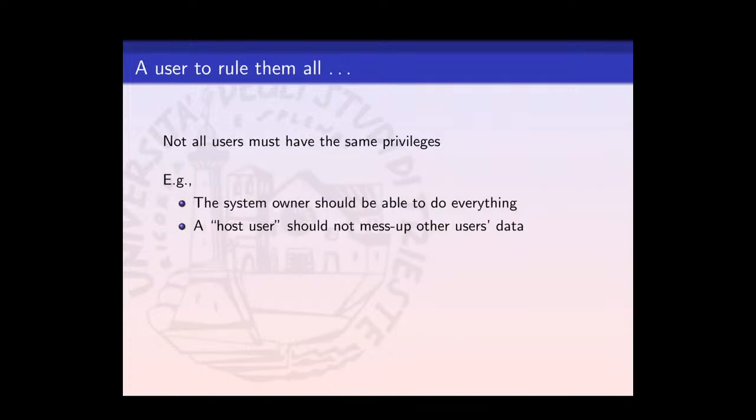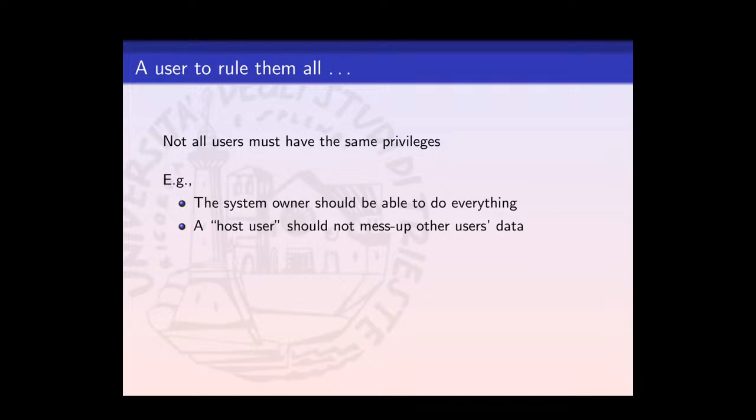Now we saw that we are working on a multi-user operating system, and we already saw that not all the users must have exactly the same privileges. So, for instance, if you and your little brother or sister are working on the same system, you don't want your little brother or sister to mess up your stuff.